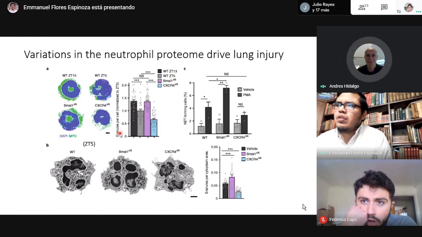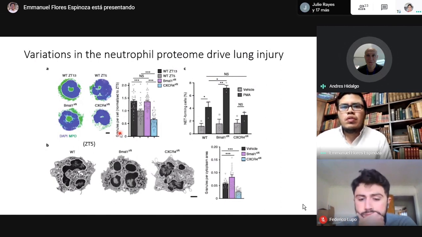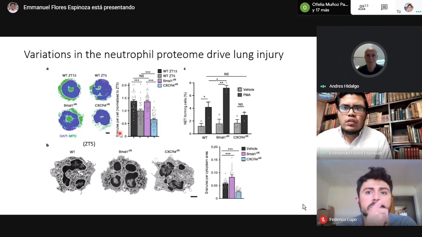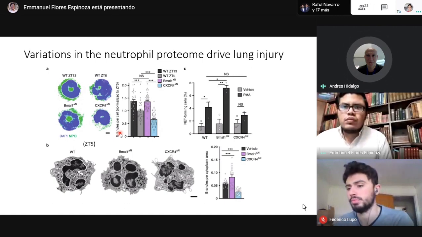Because they don't have CXCR4, the neutrophils also leave the bone marrow early. And they don't control the aging process, so they over-age, like we proposed in the previous paper. So the reason they have fewer granules might be a combination of both. They degranulate too much, but they might start off by having fewer granules.